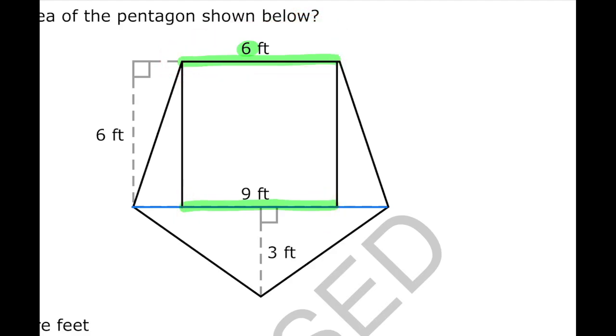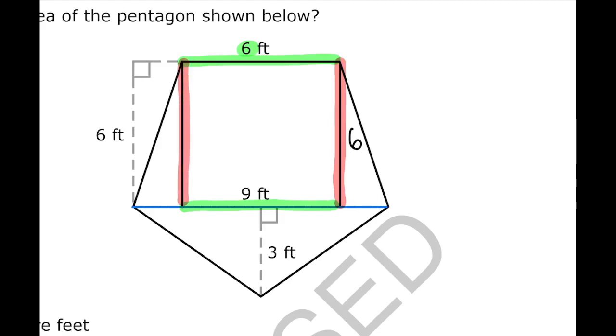All right, now let's see how tall it is. If I highlight this, I don't have a number there, but if I look anywhere else that matches up with this length, I see that it lines up perfectly right here, which is a length of 6. So I'm going to call it 6. Now, if this one is 6, that means that this side over here on the left is also 6.